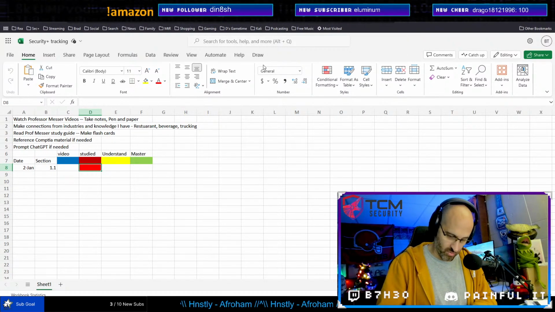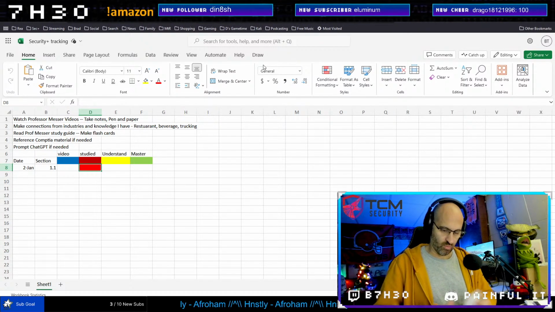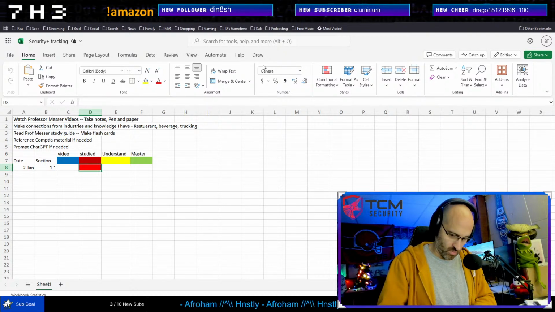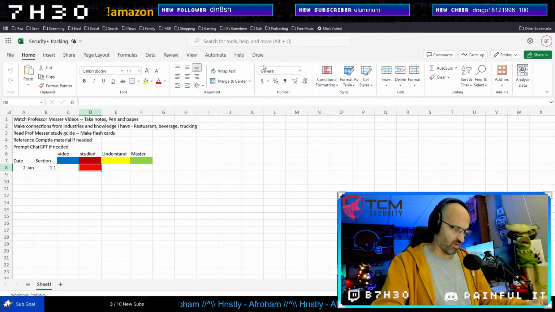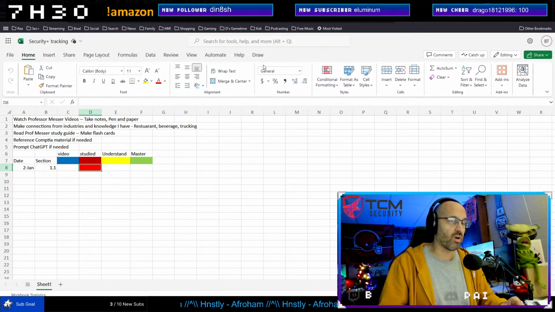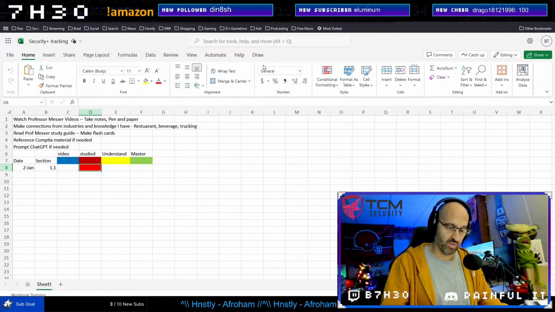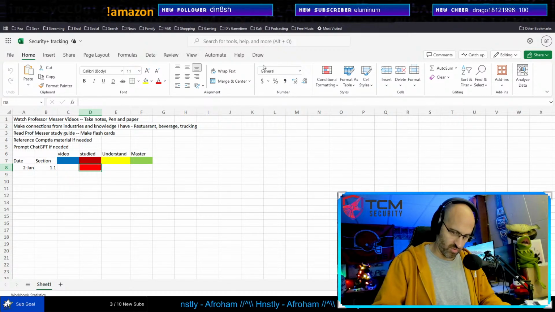It's not 1.2, it's 1.1. These are the same objective. 1.1. Describe operational controls. Operational controls are implemented by people instead of systems: security guards, awareness programs.